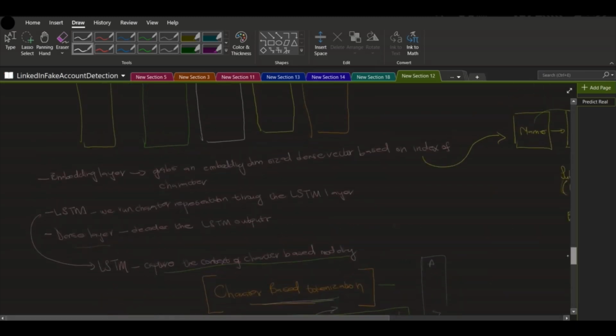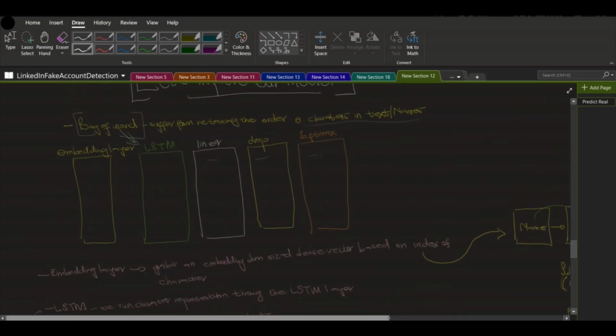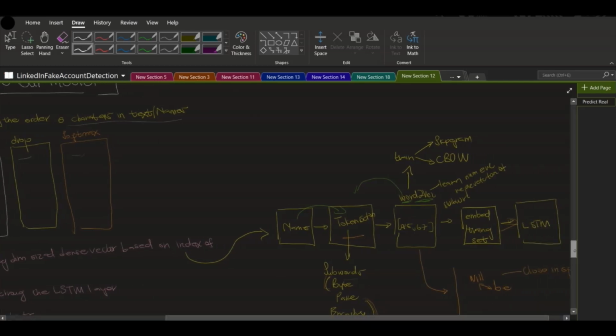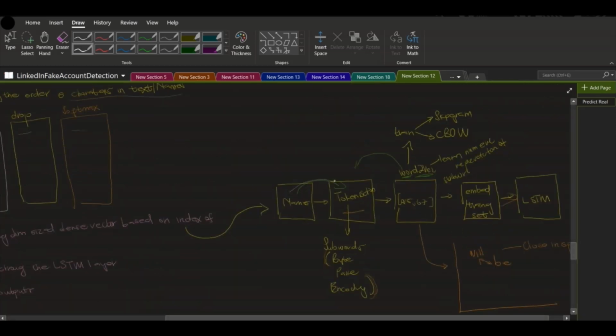So how will the workflow look now for taking the embedding data and pushing it into the LSTM? That was the tokenization part. This is how it will look. We take the name, we tokenize it using subword byte pair encoding. We use word2vec. Yes, some of you might be surprised: why word2vec? Isn't that supposed to be on words? We can also use it on the subwords, because remember we have the pieces like we showed you with William.